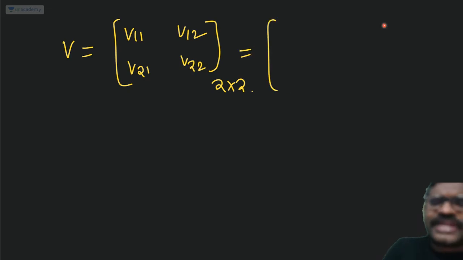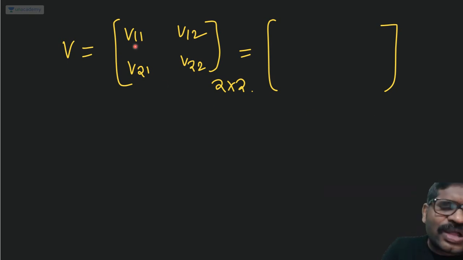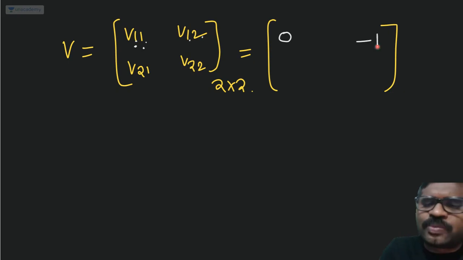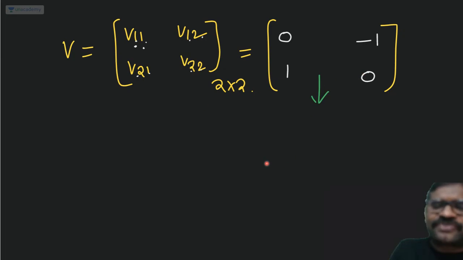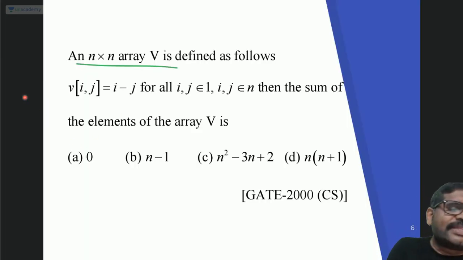Given that V ij equal to i minus j, i means row, j means column. 1 minus 1, 0. 1 minus 2, minus 1. 2 minus 1, 1. 2 minus 2, 0. Now, the sum of the entries of the array, 0 minus 1 plus 1 plus 0, finally 0. So, the sum of the elements of the array is 0.